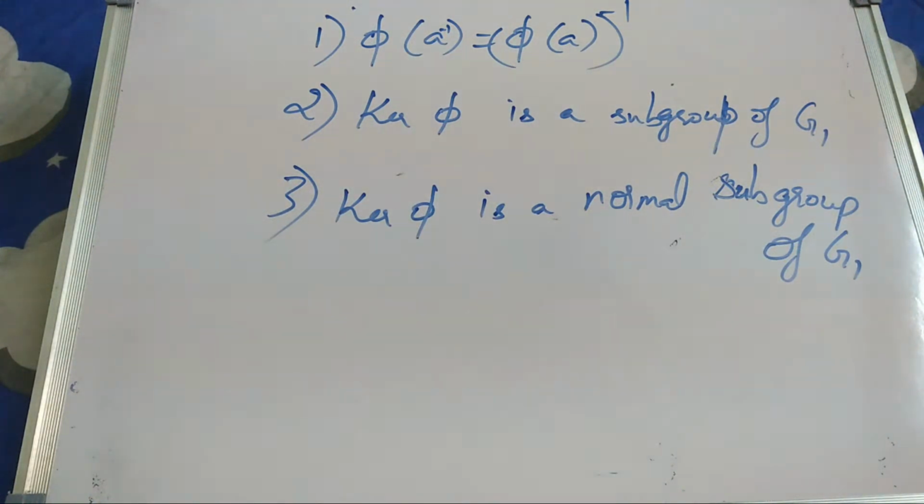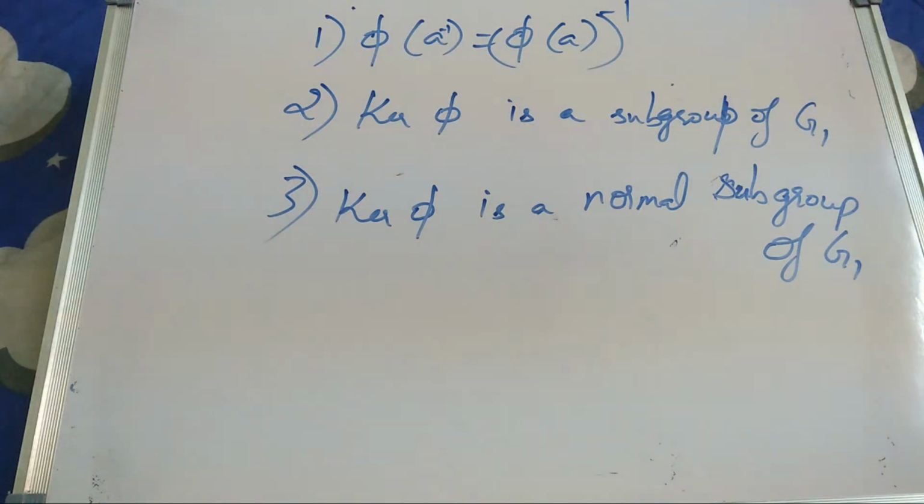Fine. So once we have proved kernel phi is a normal subgroup, you can define the quotient group with respect to kernel phi. So we'll quickly try to prove kernel phi is a normal subgroup. How do we prove H is a normal subgroup? We have stated 3 definitions.